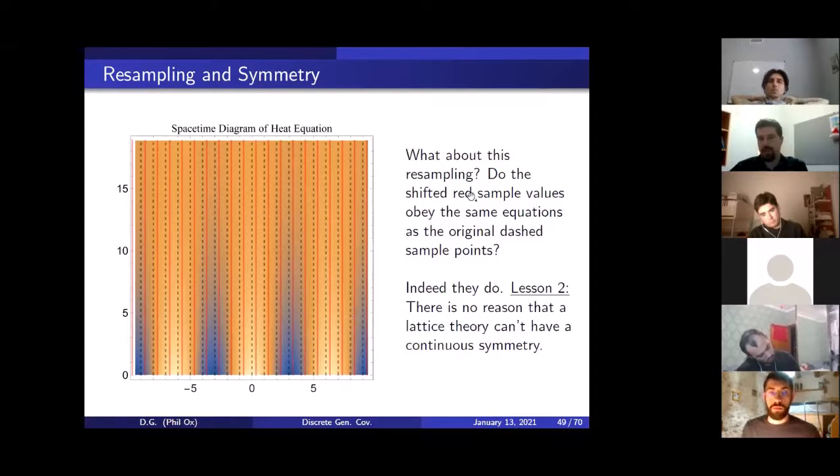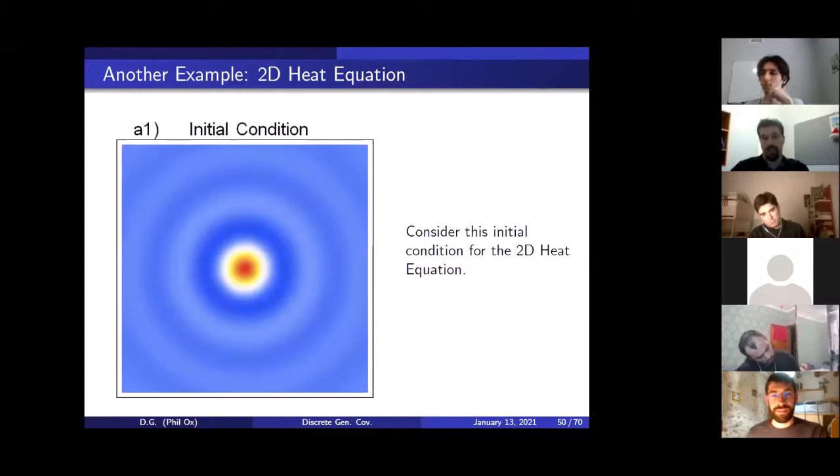The fact that the red sample points and the black sample points obey the same equation shows that we have a continuous translation symmetry here. But maybe that's a little bit hard to see. There's an easier way to see it, or a more interesting way to see it, I think, in terms of a rotation symmetry.